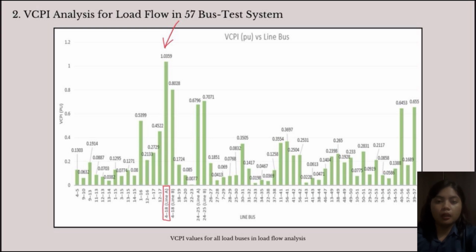As in the previous discussion, initially there were 5 buses outside the permissible limit, but after conducting the VCPI analysis, bus 18 experiences the voltage instability. Therefore, rather than depending only on the voltage magnitudes, it is recommended to perform the voltage stability technique for a more comprehensive analysis.